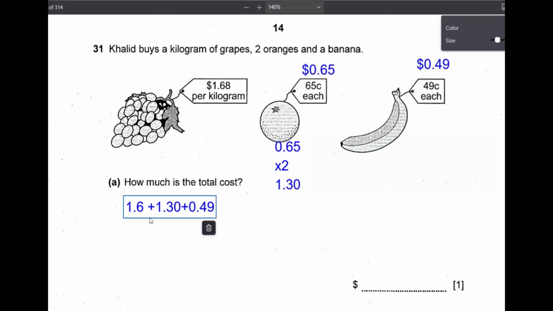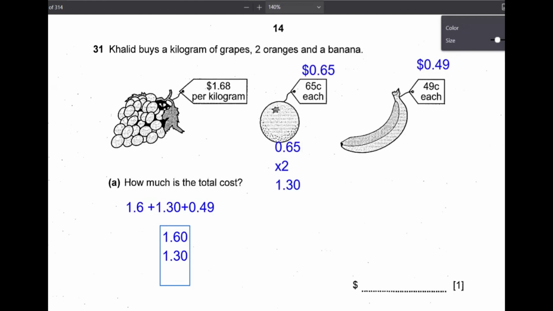Then you need to add all of them together. 1.6 plus 1.3 is equal to 2.9. Then 2.9 plus 0.49. You can add them this way: 1.6, then 1.3, and you could put 0 here because the last one has 2 decimal places, which is 4 and 9.